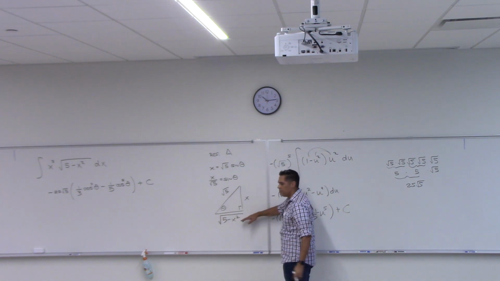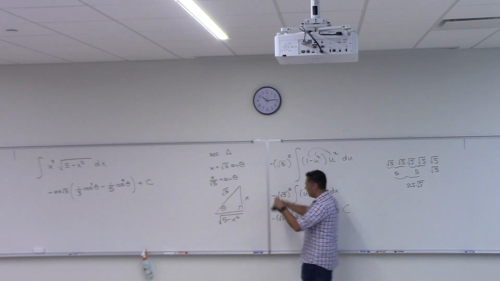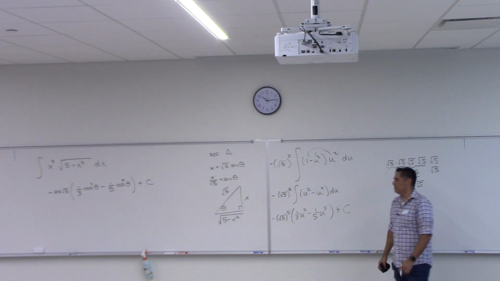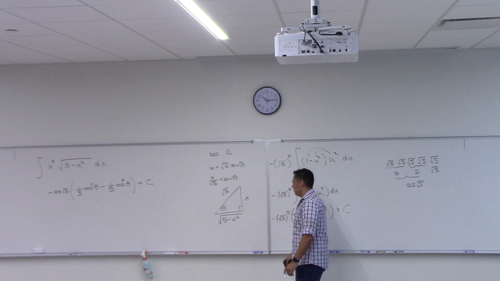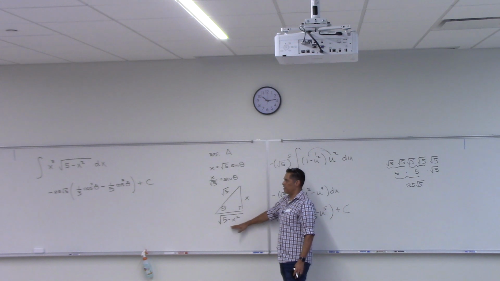Not showing that again, right? This side and this side come from here. That side comes from solving it. Almost there. Okay, cosine theta is what I need, right? Cosine by definition is adjacent over hypotenuse, right?